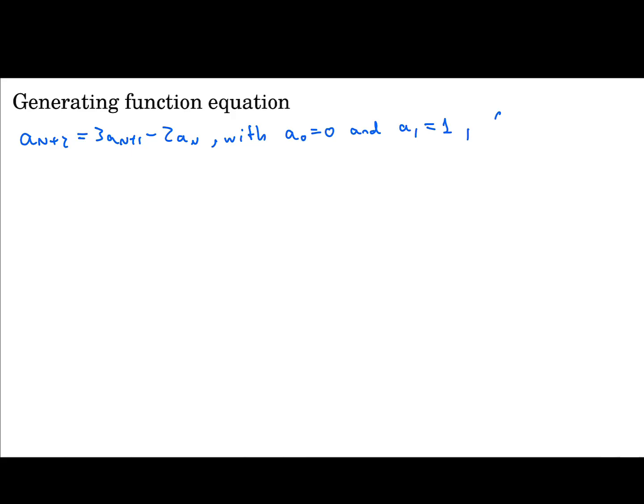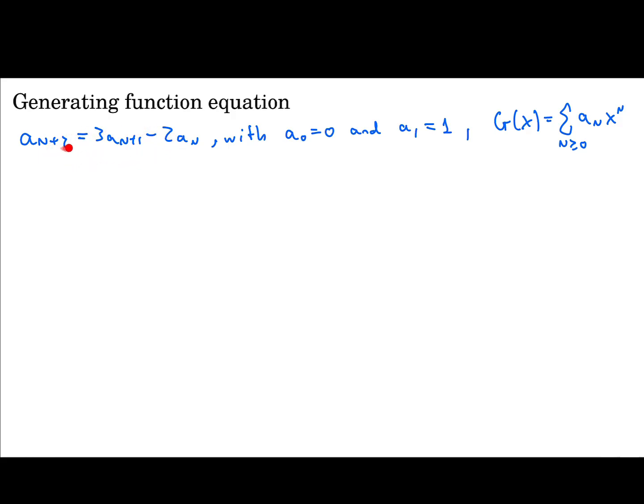And of course, we had denoted the generating function by this over here, and this is what we are interested in. So the idea here is we want to obtain it from this recursion. So how can we do that?